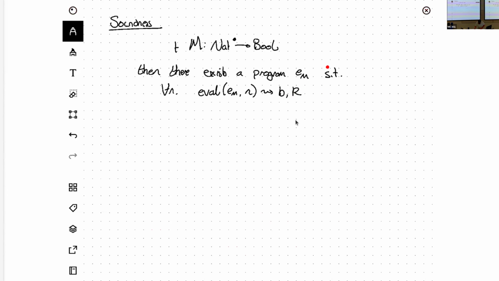There exists a program and a fixed polynomial p such that for any input, when we evaluate the program with the inputs, we get some Boolean in k steps such that k is less than the polynomial for that input. So this is going to be the full soundness property.